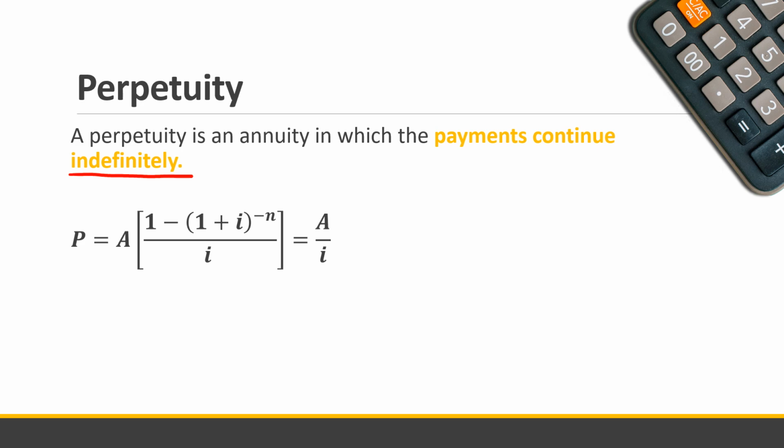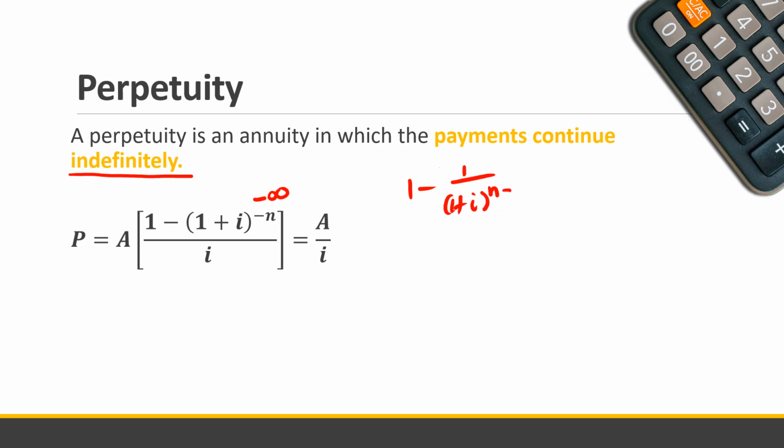So if n becomes infinity, any number raised to negative infinity is 0, so this here is simply 1 minus 1 over (1 plus i) to the power of n.